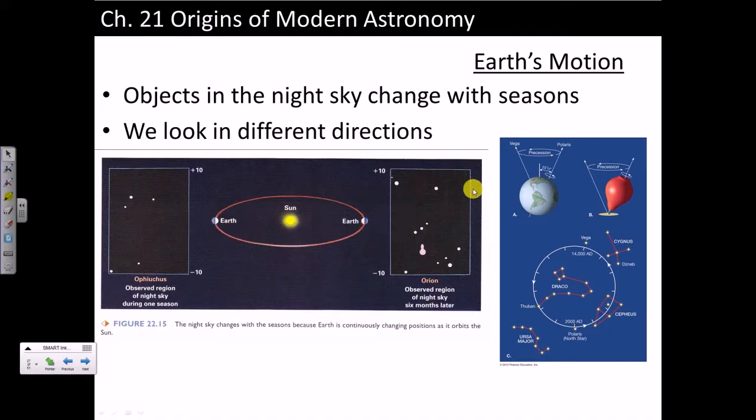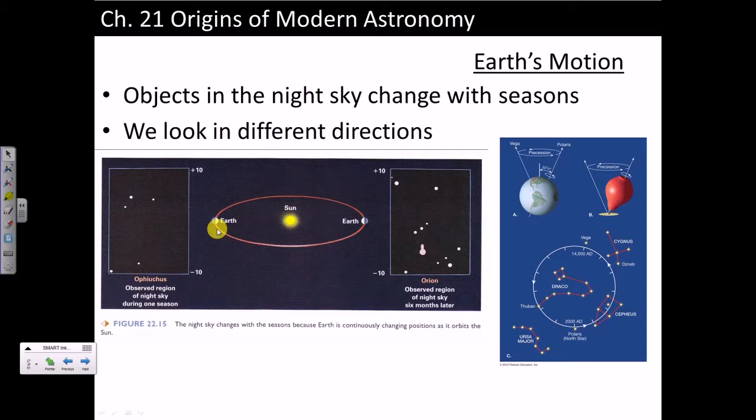Okay, so if we look at the Earth down here in this elliptical orbit, Earth on the left, Earth on the right, we're looking at an image on the right here showing us Orion, and that is the night sky, so it's one constellation. And as we move around to the other side of the sun, when we get halfway through our revolution here, we end up looking at a slightly different view of the night sky.